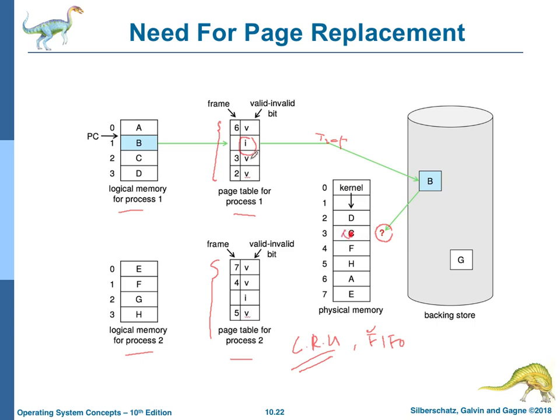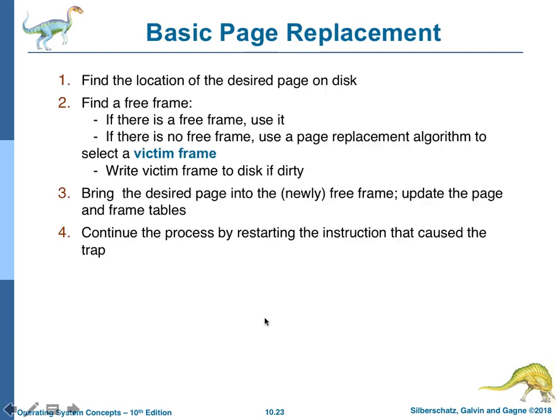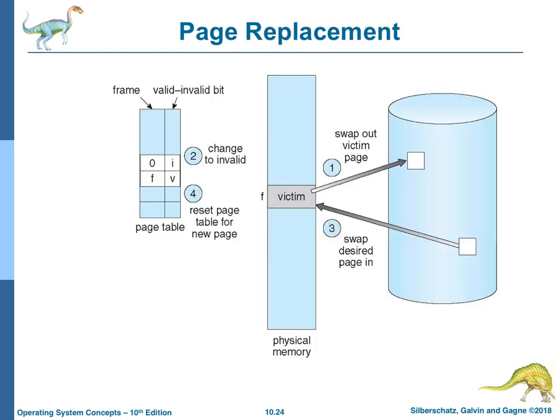Now the C which was here will become I, and this B is written over here, and this B will become V. Okay, so this is the page replacement. So basic page replacement is that when you try to remove some pages, that page is marked as a victim page, and you change the valid bit to invalid and reset the page table, right? This is the same process which I have already told you.